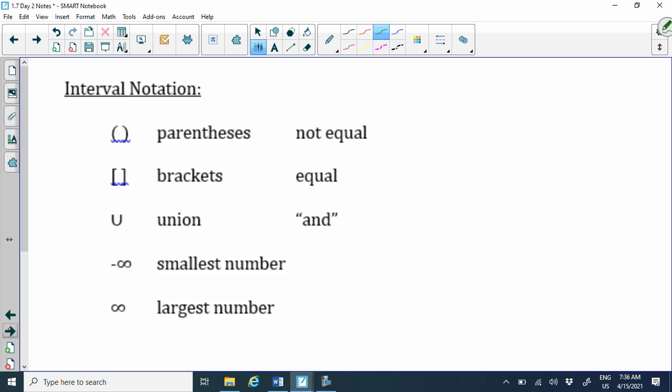So we did that when we did our domain and range as well. So we use parentheses anytime anything is not equal, so that could be the less than or the greater than sign, and when we use infinity symbols.